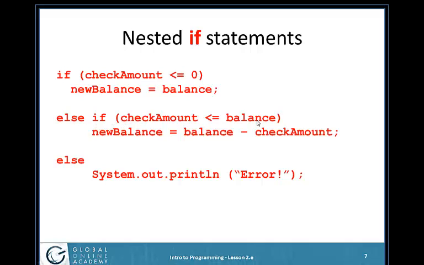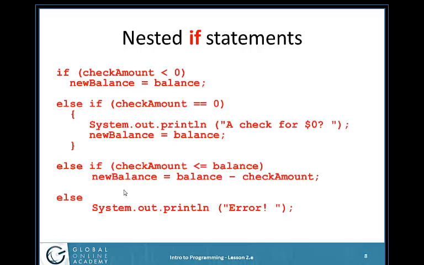If check amount less than or equal to balance, set the new balance equal to the balance minus the check amount. $100 minus $50. And if that wasn't true, that means neither of the first two conditions were true. Then I print out the message, error. So we've nested the if statements.